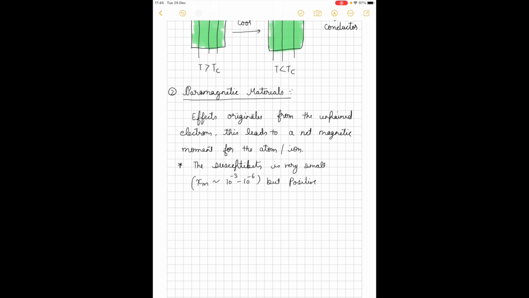The susceptibility decreases as you increase the temperature. So I'll write this down: as T increases, the susceptibility chi m decreases.